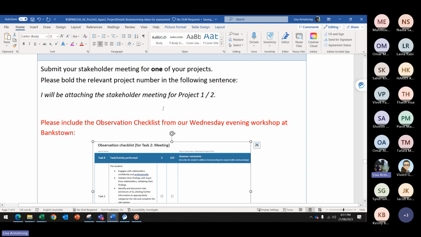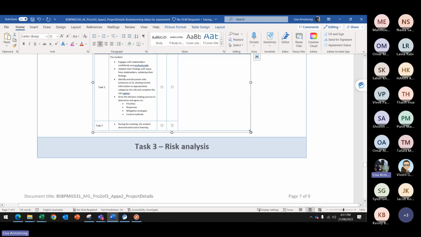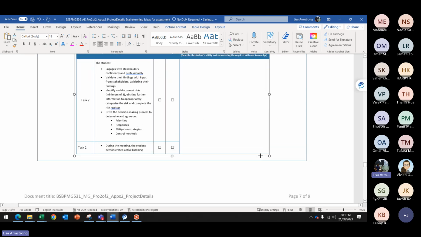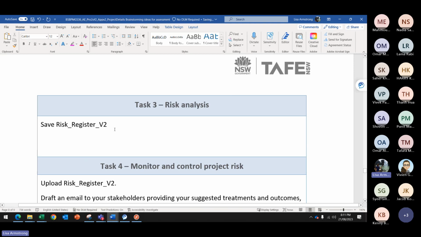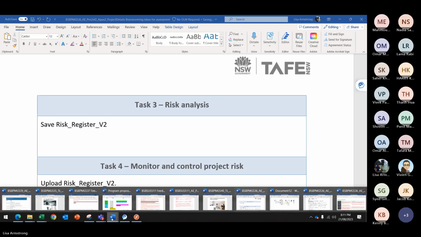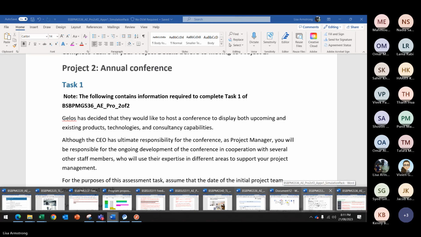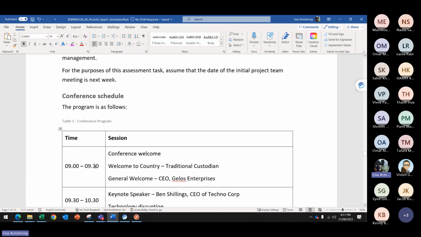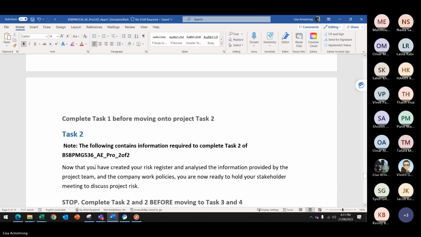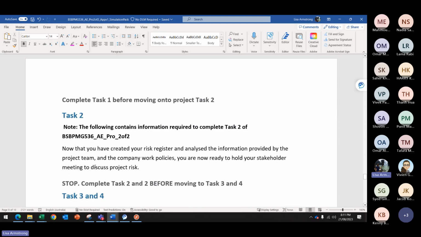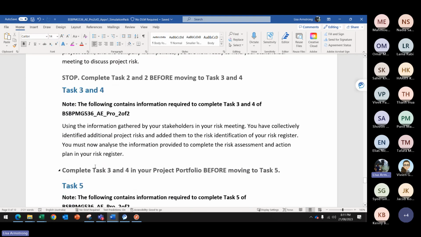And then I think we're ready to do task 3, our risk analysis. So let's just go back to our simulation for task 2. Yep, it's okay. We've had our meeting. Task 3. Here we go.